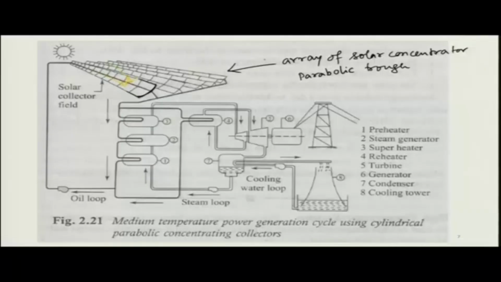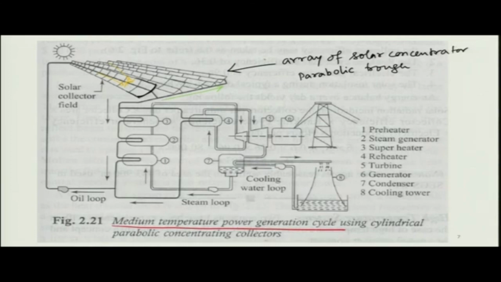And when you have multiple such parabolic trough concentrators in an array, you can raise the temperature significantly, and this is a medium temperature power generation cycle. You are replacing the coal burning furnace with a solar furnace.